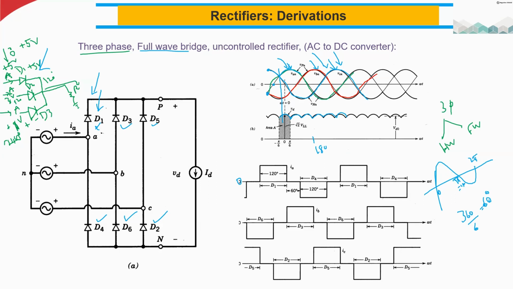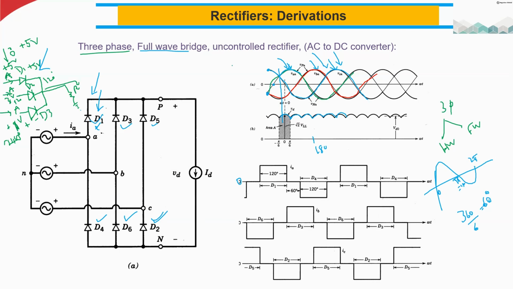So the first diode will conduct, for example, the first half cycle of the green line, D1 and D2 will conduct 60 and 60, 120 degree. And then for the second half cycle, the red phase, D3 and D4 will conduct, each one for 60 degree.